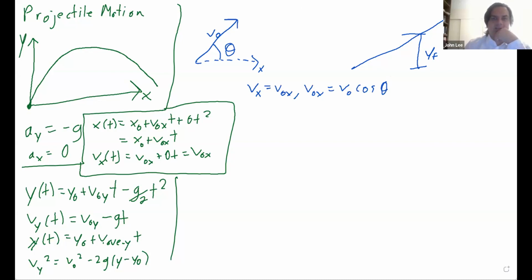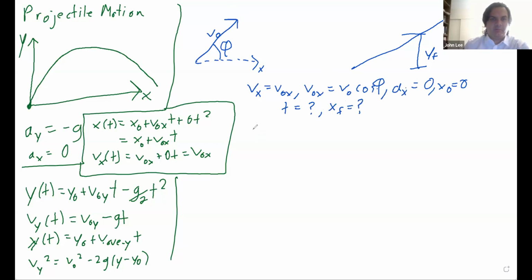I should call this, instead of theta, phi, just to be consistent with the book. ax equals 0, x naught equals 0. Time is unknown, and x final is unknown.